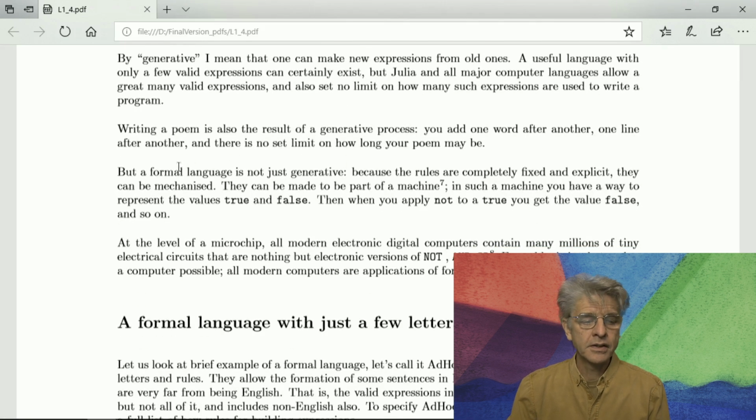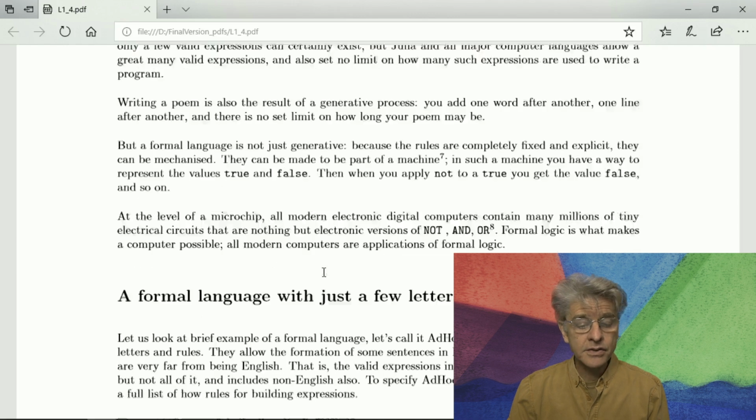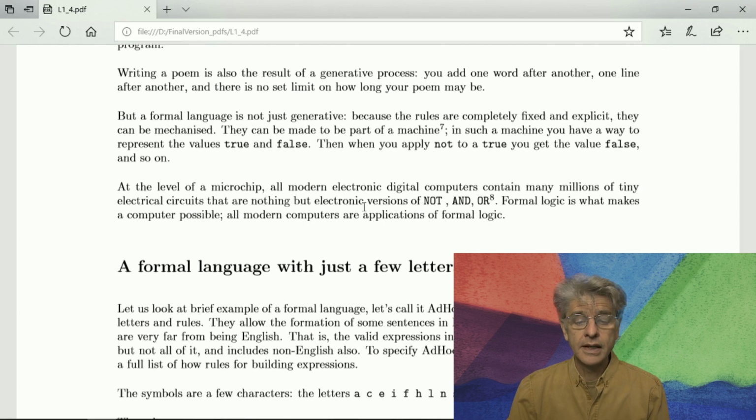The other point about a formal language is that because the rules are completely fixed and explicit, they can be mechanized. They can be made part of a machine. In such a machine, you can represent the values true and false, and you can have an operator which turns true into false and false into true, so that is a not operator. At the level of the microchip, that is what happens.